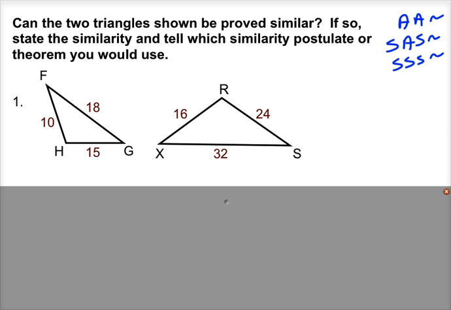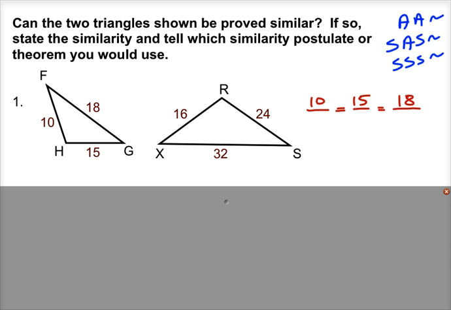So for number 1 here, they don't give me any angles whatsoever, so I'm going to see if side-side-side works. I would make up a proportion, and I'm going to put all the values for the triangle on the left up on the top, which would be a 10, a 15, and an 18. I tend to write them going from smallest to largest, and here's the reason.